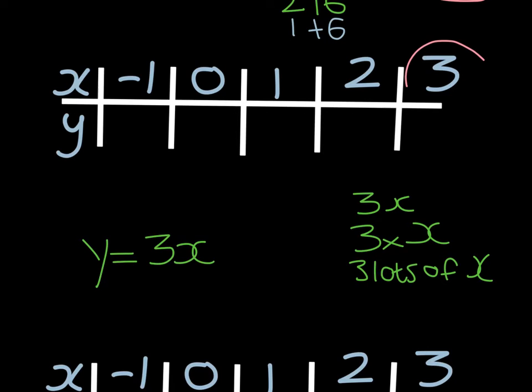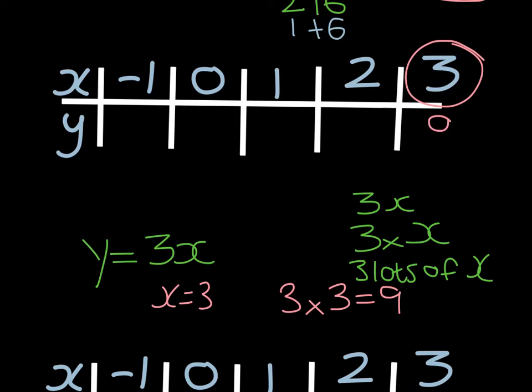I always start nice and positive, if x equals 3. So if x equals 3, I'm told to do 3 lots of the x coordinate, so 3 lots of 3 to get 9. So when x is 3, y is 9.